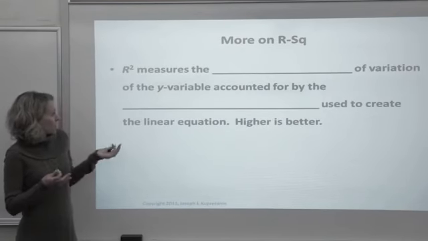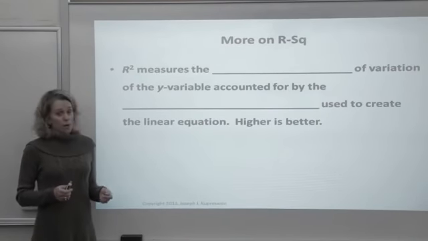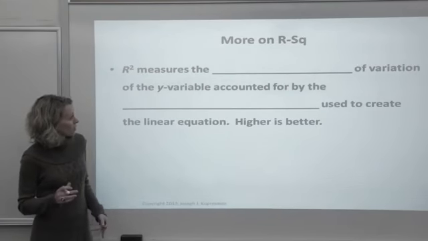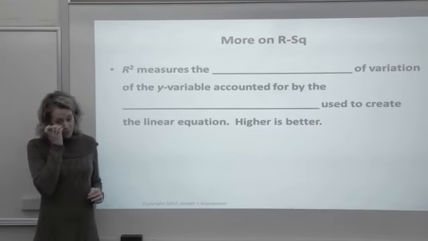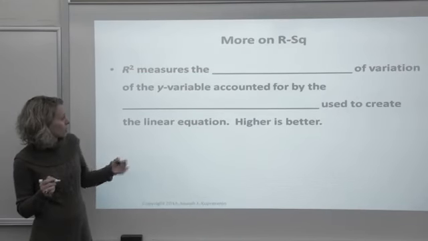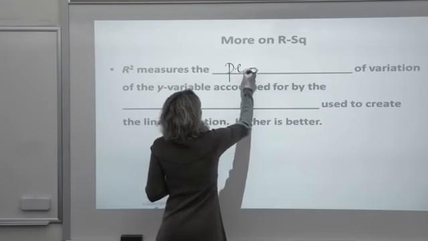Okay, so we've said this, but just to put it up here again: R squared measures the percentage of variation in y that can be accounted for by the x variable that we've chosen to create the linear equation.